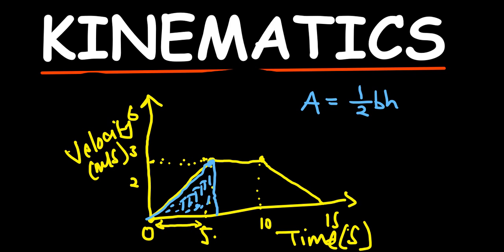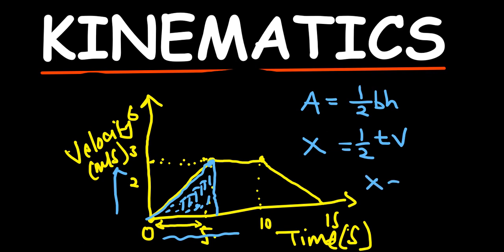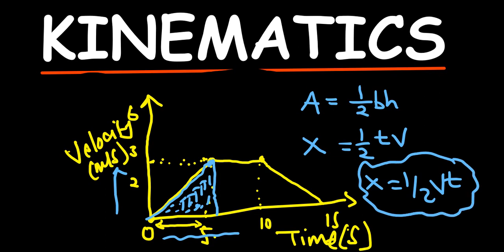We're going to adopt this formula, and then we're just going to say the displacement is equal to half, and then the base here is represented by time, so we can say time, and the height here is represented by the velocity, so we multiply by v t there, or you can just write half v t like this. So we're going to be using such equations to find the distance there.